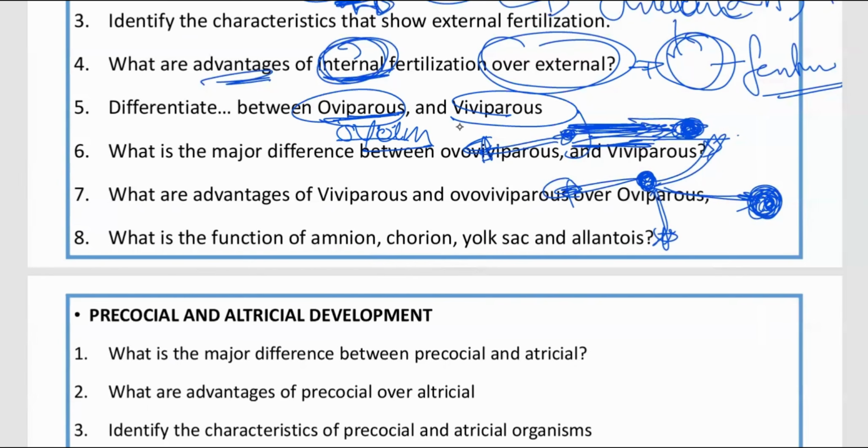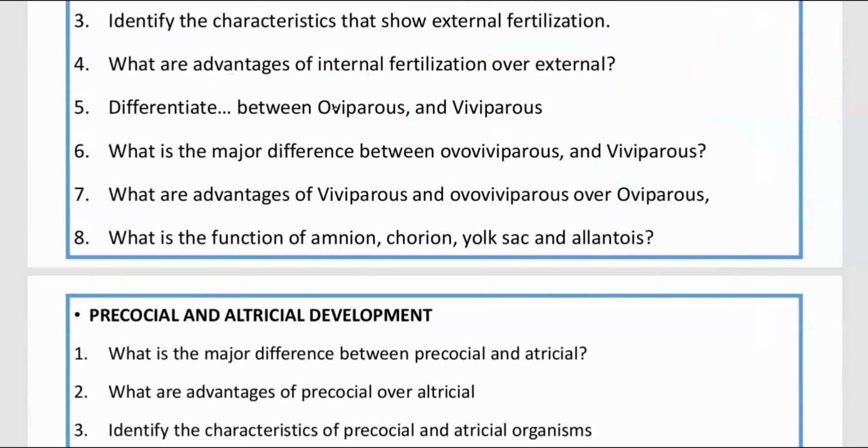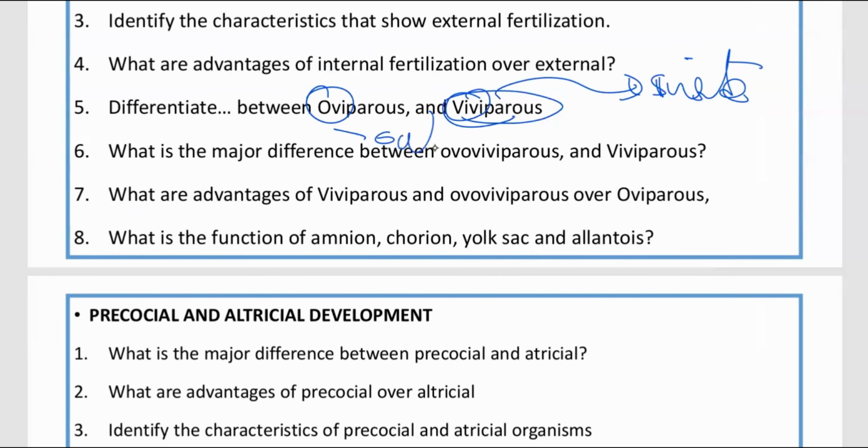So when you say vivi, in this case, we mean that development is inside. And then ovi means the development is outside.